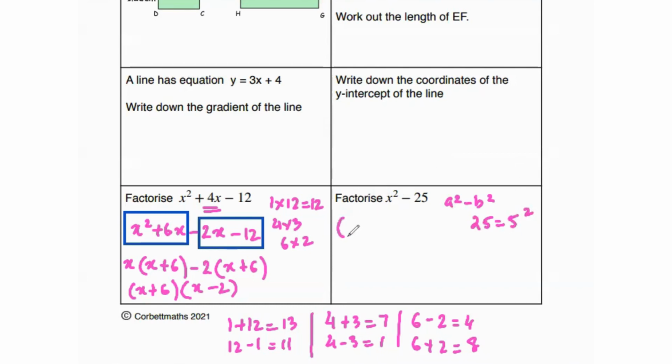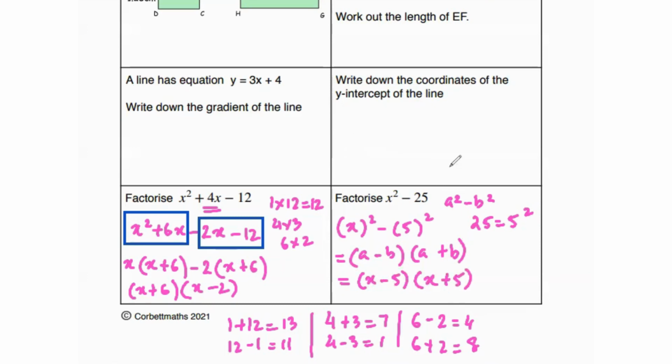So you can rewrite this as x squared minus 5 squared. The way we can factorize a squared minus b squared is by doing (a minus b) times (a plus b), which means our answer would be (x minus 5) times (x plus 5). That is your fully factorized answer for this quadratic expression.